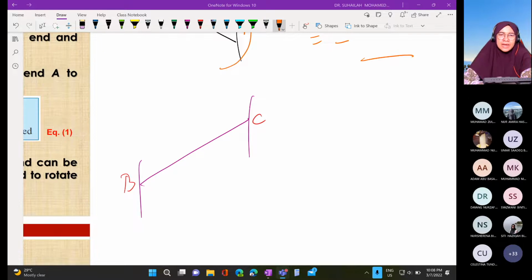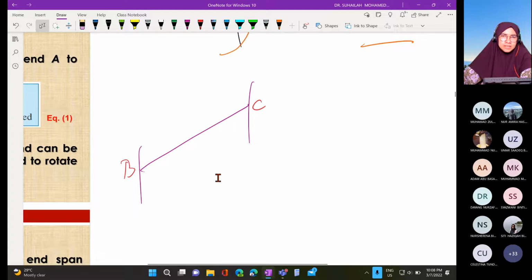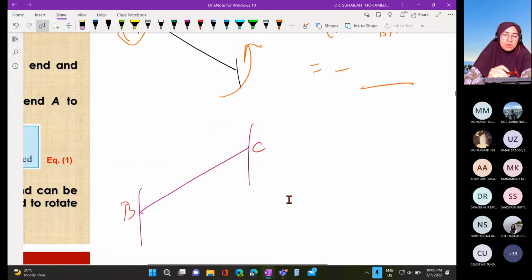After settlement, we get it like this. Looking from this main diagram, BC is this. So we have to apply moment at B and C. It is fixed end moment. Which direction is the fixed end moment? It is clockwise.